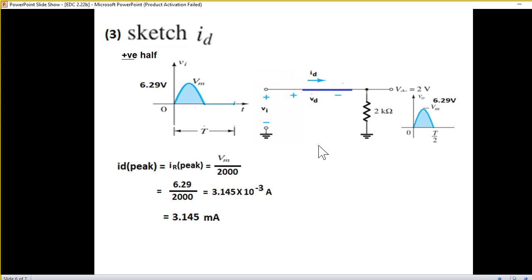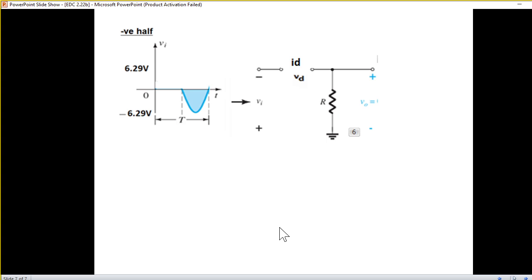Now this is the peak current, and since the input is following a half sinusoid, the diode current will also follow the same pattern. And so this will be the diode current with maximum amplitude 3.145 milliampere. This is for the positive half cycle.